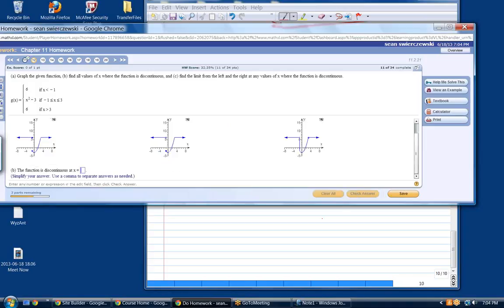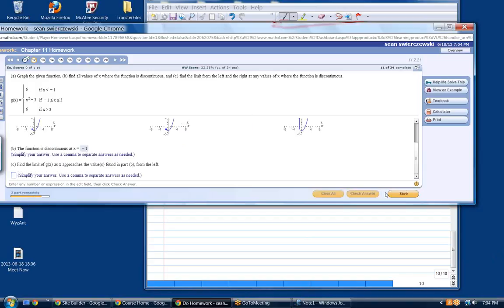The function is discontinuous where? That would be x equals 1. Or no, excuse me, -1. Okay. Find the limit of this function as x approaches the values found in part B from the left.